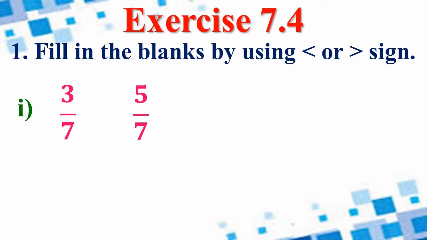Here both fractions are like fractions. So we already know that for fractions having the same denominator, the fraction with the larger numerator is greater. Therefore, 5 by 7 is greater than 3 by 7.